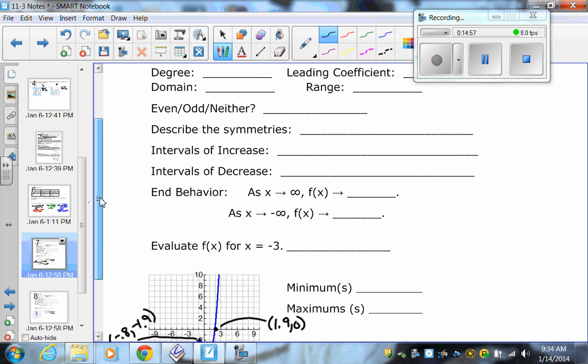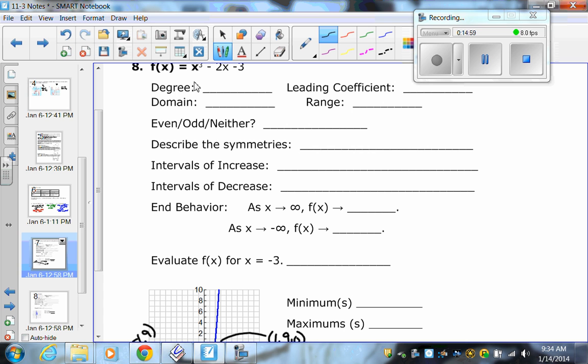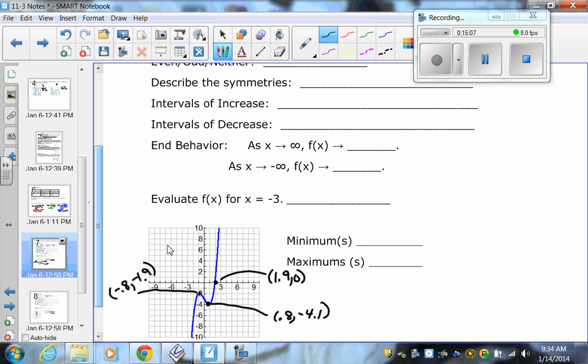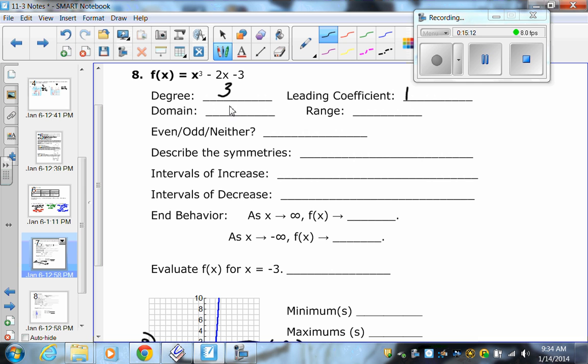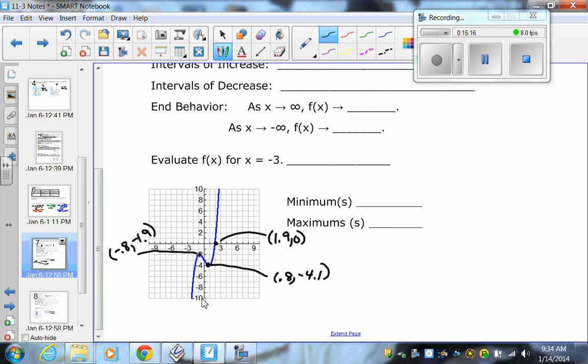Okay, so from the beginning, the degree is 3. The leading coefficient is 1. Domain, am I restricted on x values? No, so the domain is all real numbers. Your range, if you look at your graph, does it cut off on your y values or does it go all the way up and all the way down?